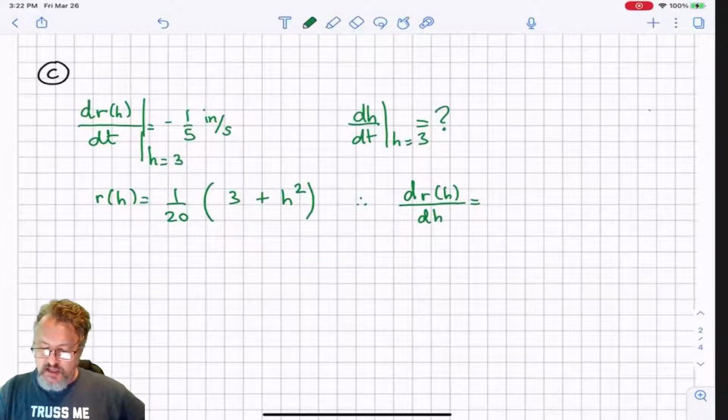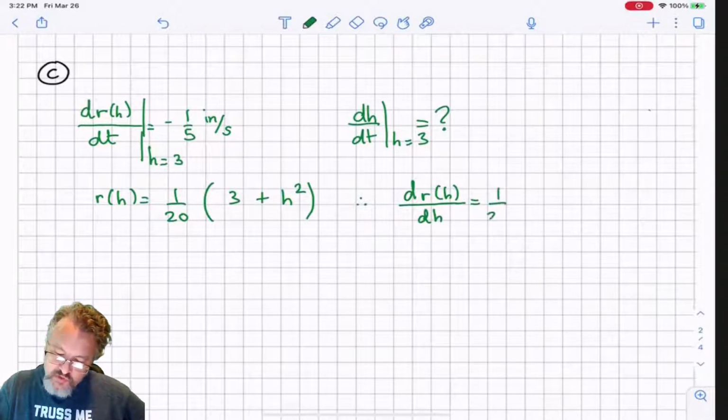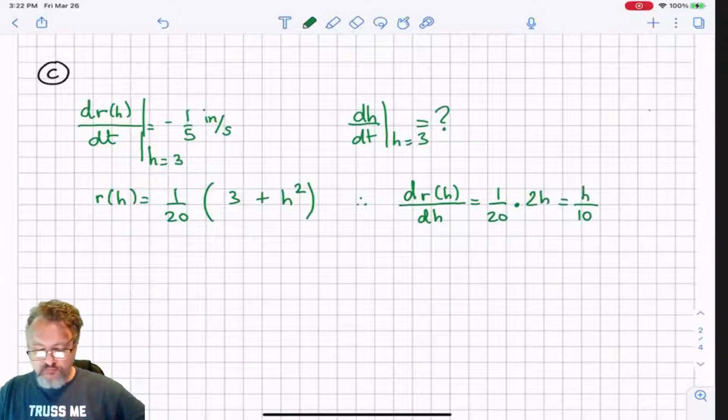And dr over dh is equal to, well, the derivative of h squared is 2h, so it's going to be 1/20 times 2h, which is h over 10. Very good.